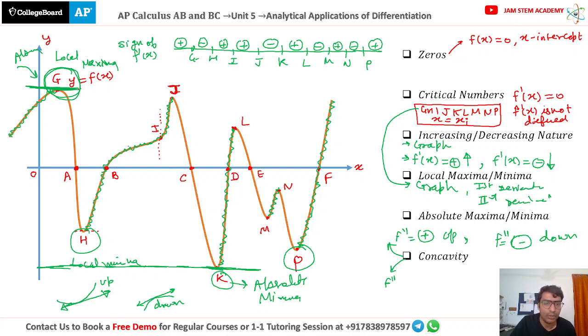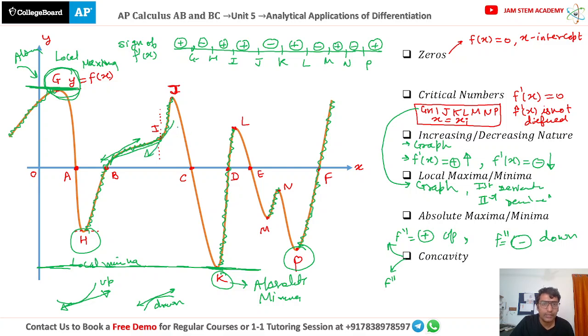Okay. Let's talk about this graph. B to I, what is that? Concavity is downward. So for I to J, what is that?